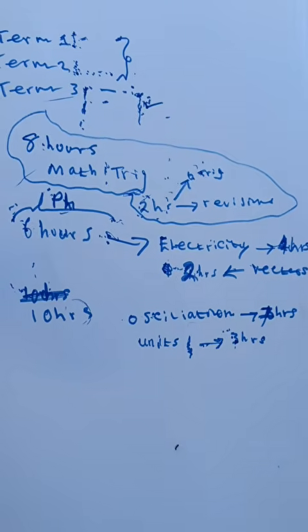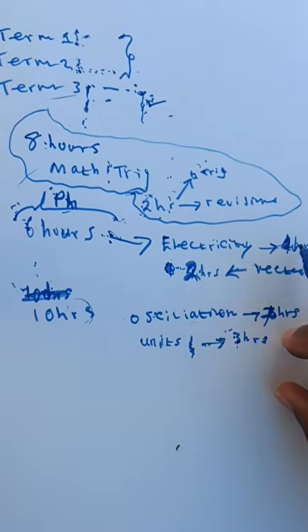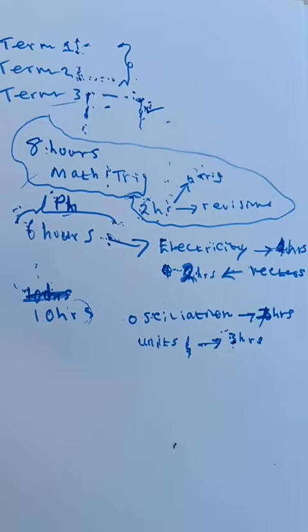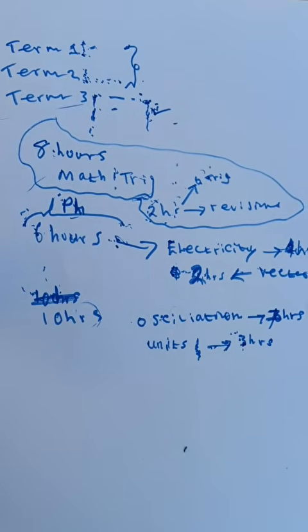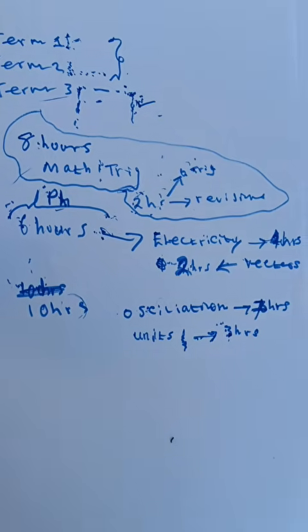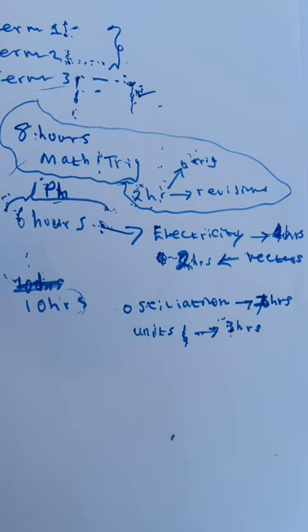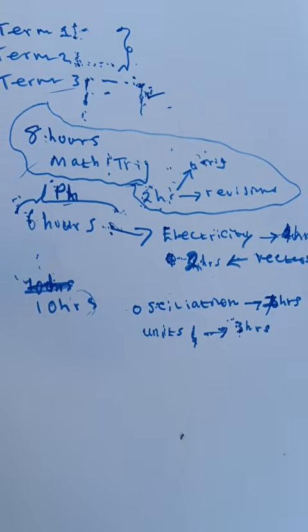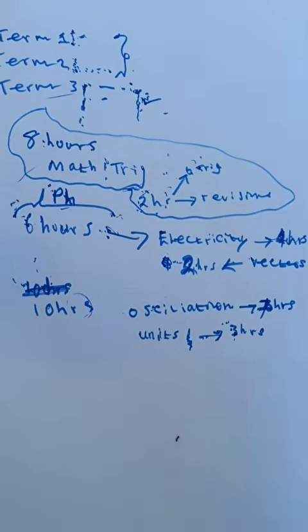Then a few remaining hours, you allocate to a topic that you need to revise. Unless you have term 1 or term 2 topics which you didn't study, you were too playful, or you had other situations, maybe you were sick. Maybe you can tweak this a little bit.